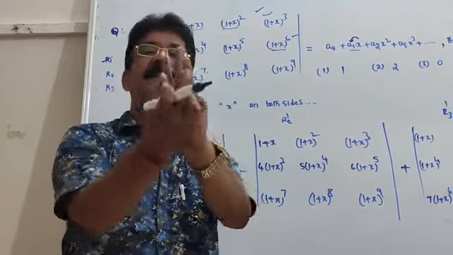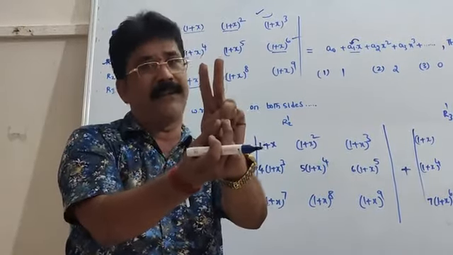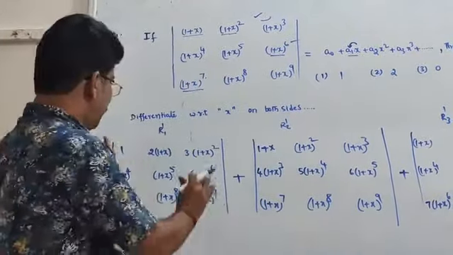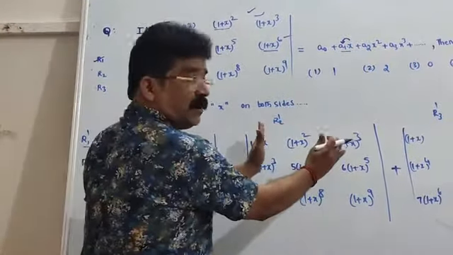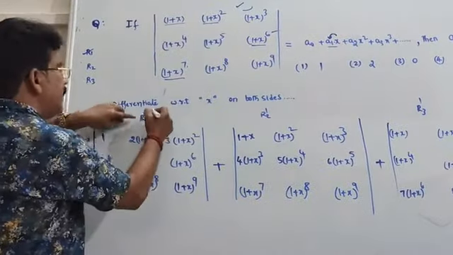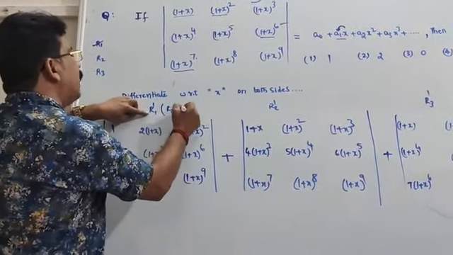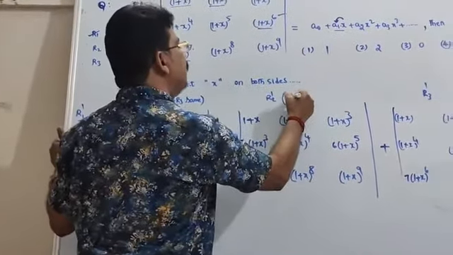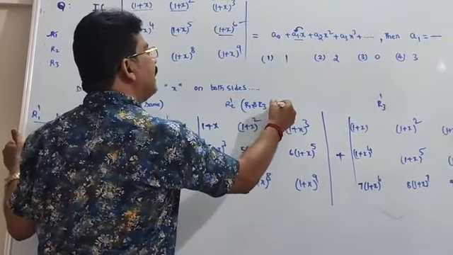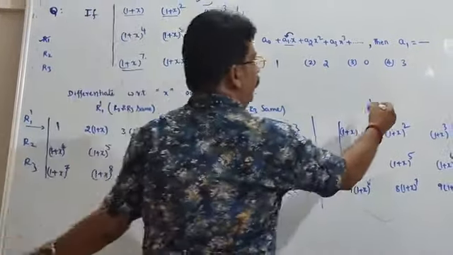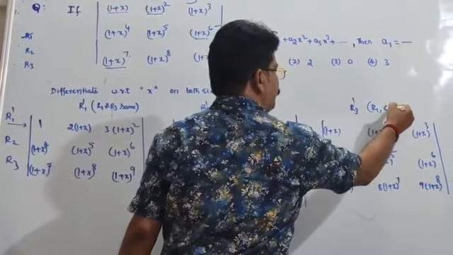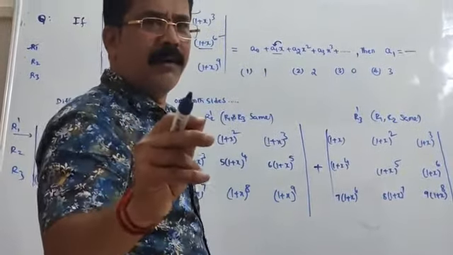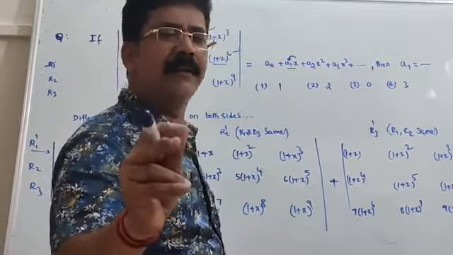Next, plus, this time differentiate R3 elements; in this case R1, R2 the same. Like that: R1 dash, R2 plus R2 dash plus R3 dash. Here R2 and R3 same, here R1 and R3 same, here R1, R2 same. This is called differentiation of a 3 by 3 determinant.